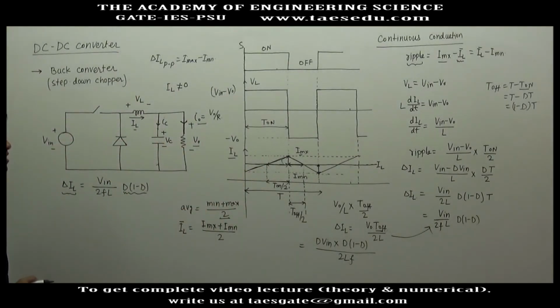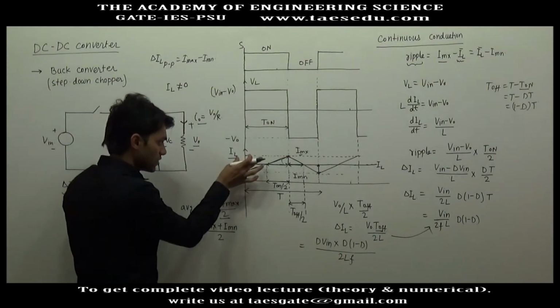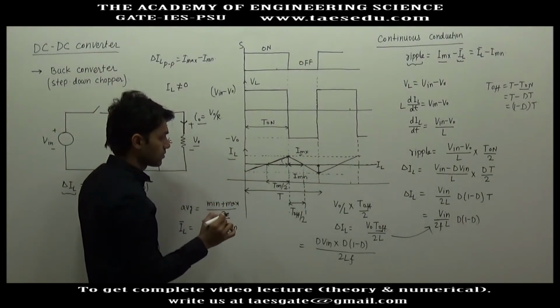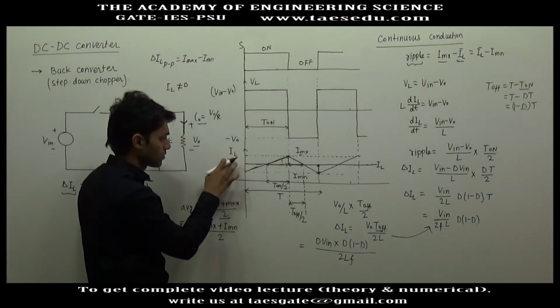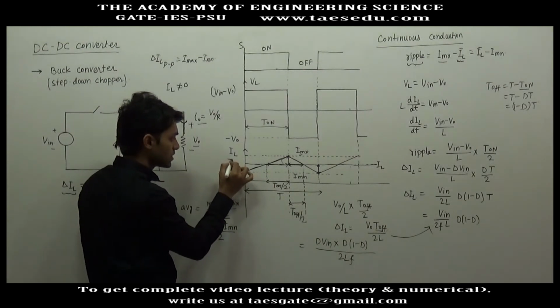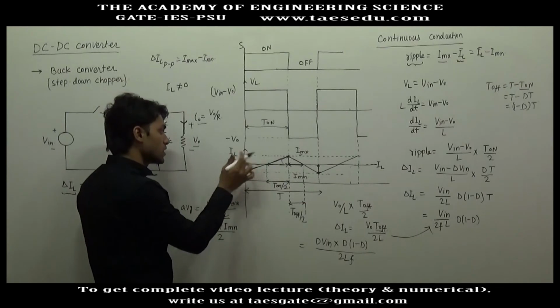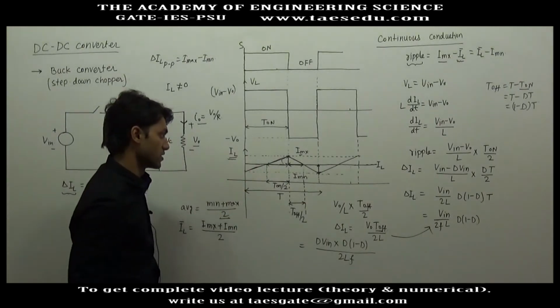So if you don't want this inductor current to go to 0, if you make the minimum of the inductor current greater than 0, you will ensure that inductor current is always greater than 0.